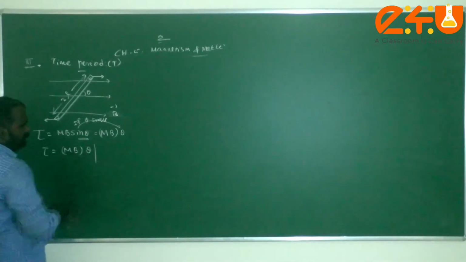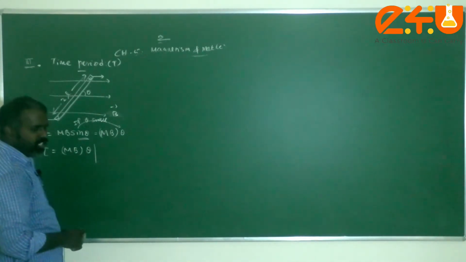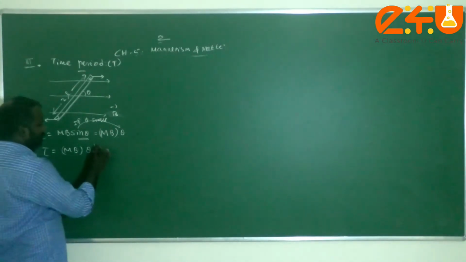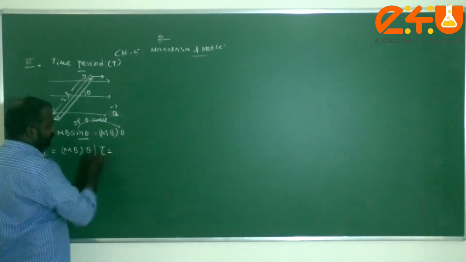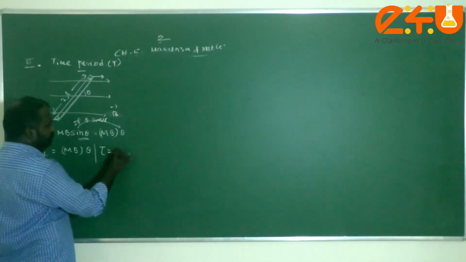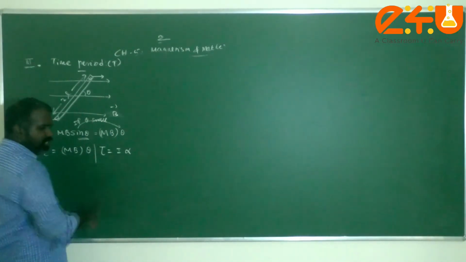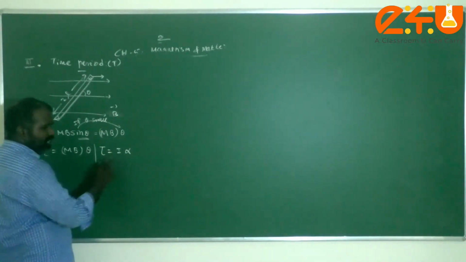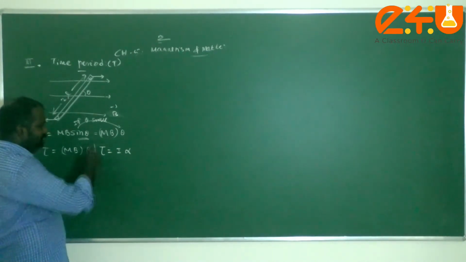In 11th standard we studied the oscillation chapter, the condition for angular SHM. Like F is equal to ma, here tau is equal to I alpha, where alpha is the angular acceleration and I is the moment of inertia of the bar magnet.